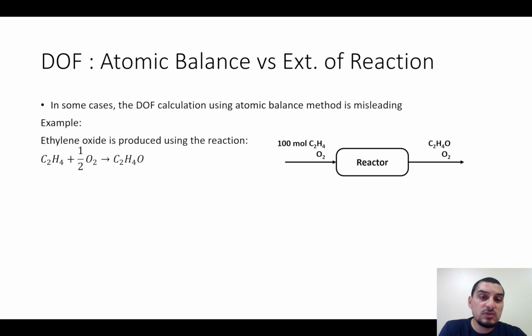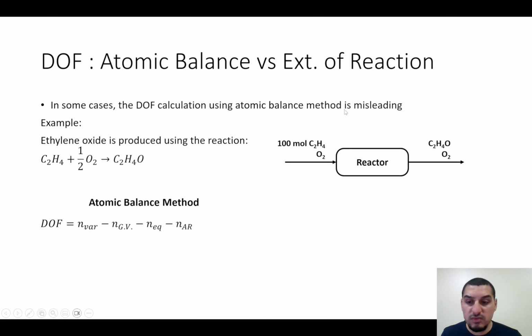If we want to perform the degrees of freedom analysis, we have two options. We are going to do this using the two methods that we covered, the extent of reaction method and the atomic balance method. For the atomic balance method, we calculate the same way we do every time: number of variables minus number of given variables minus number of equations minus number of additional relations.